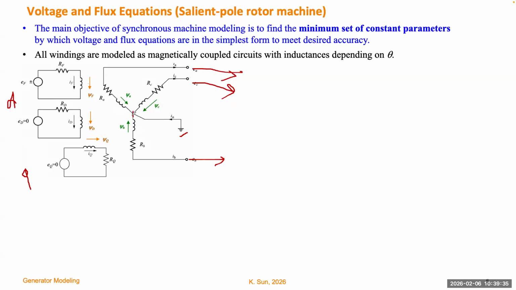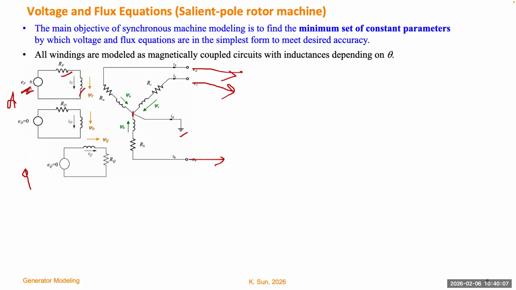The nice thing is, if we treat each winding as a circuit, we have a source and a resistance. The resistance just indicates each one is not perfect, not a superconducting material, so it will have some resistance. And the inductance is actually the winding itself. For the rotor windings, this is the source generating the field current, a DC source.